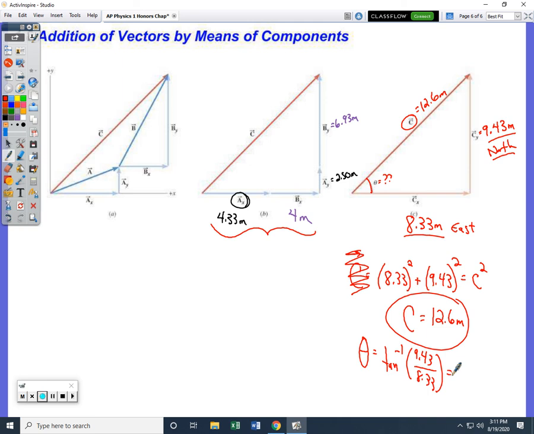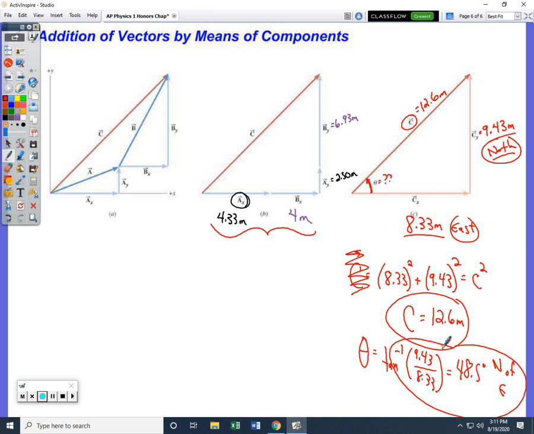The inverse tangent of 9.43 divided by 8.33, and I get this to be 48.5 degrees. What is the direction? It's going to be north of my east line, because I'm starting here and measuring north of it. So it's going to be north of east. And ta-da! I have found the magnitude and the direction of my C vector, combining them with components.